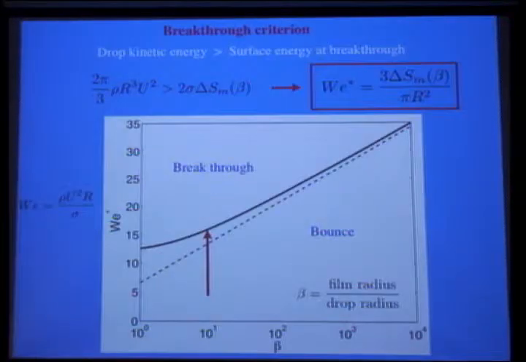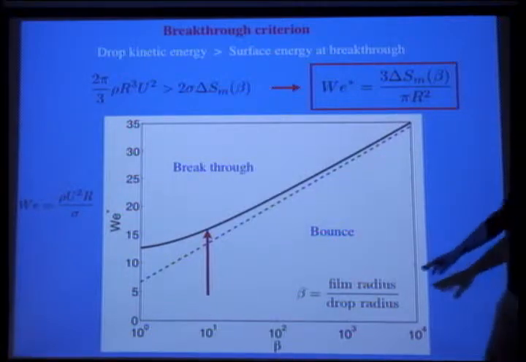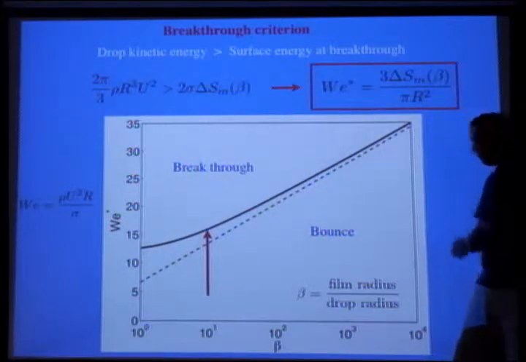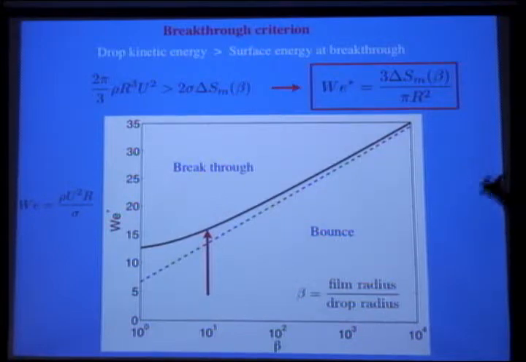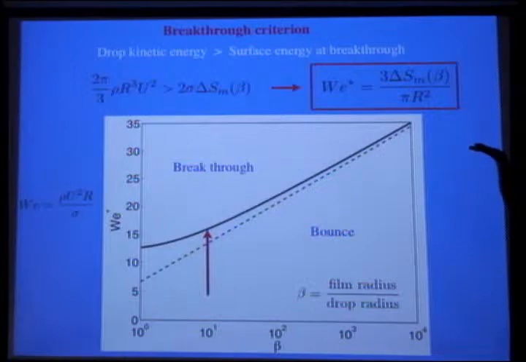Okay, so our breakthrough criterion, first of all, the result is going to depend on this beta parameter, which is the film radius to the drop radius. But basically, your criterion for breakthrough is that the initial drop kinetic energy is greater than the surface energy at breakthrough. So at breakthrough, the interface basically comes down like this. So it's a catenoid, and then it goes vertical. Right? And if you go beyond that, it breaks through.